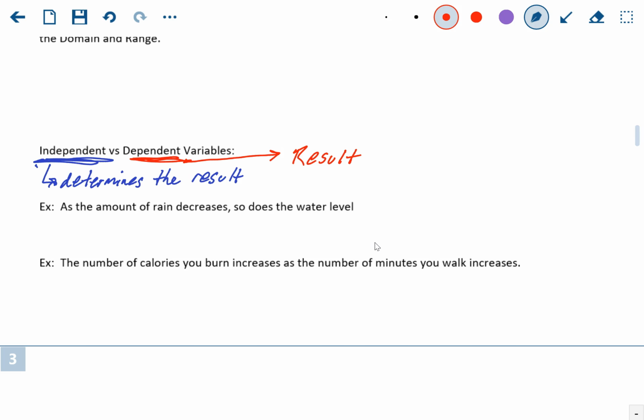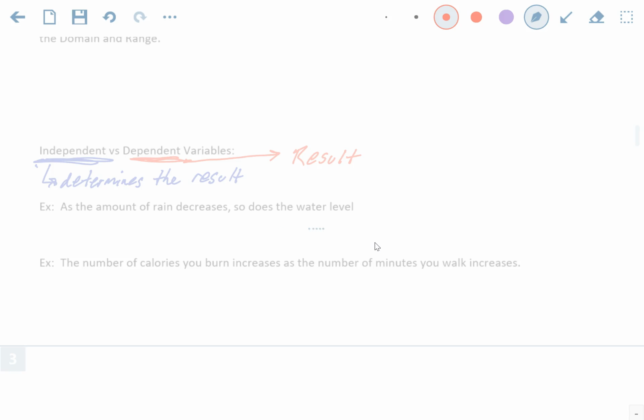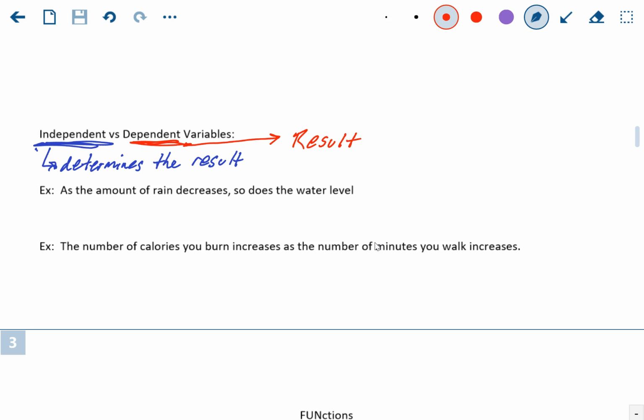So we have 2 scenarios here, and we're going to decide which one's independent and which one's dependent. First scenario states, as the amount of rain decreases, so does the water level. So in your mind, think about this a little bit. Is the amount of rain dependent on the water level, or is the water level dependent on the amount of rain? Does the water level cause the amount of rain, or does the rain cause the water level? And this makes sense.